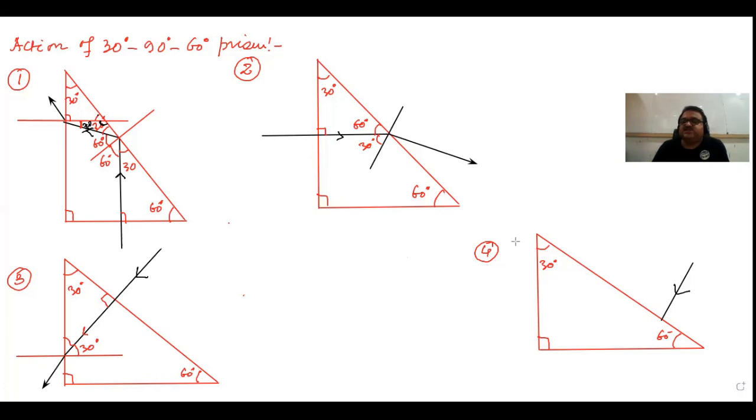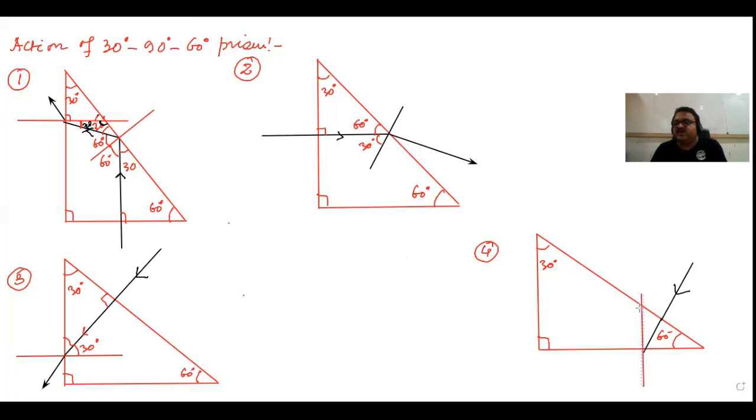Now let me finish this with this diagram. Again, extend this line first. Now draw the normal. Before saying anything, do your job first.